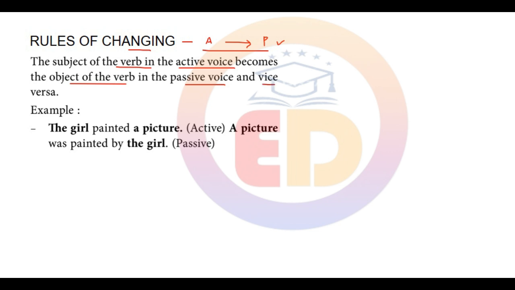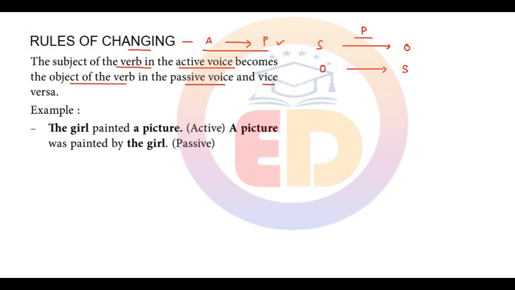Vice versa means the object will become the subject. So subject will become the object and object will become the subject. However, there are some more changes in the verb, but here we will understand how the subject is converted to object in passive voice and how the object is converted to the subject.